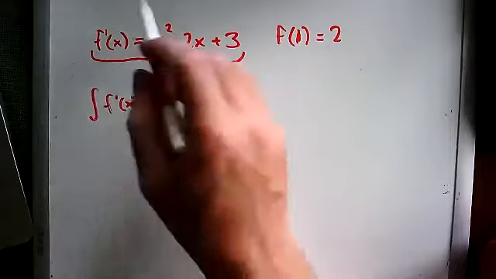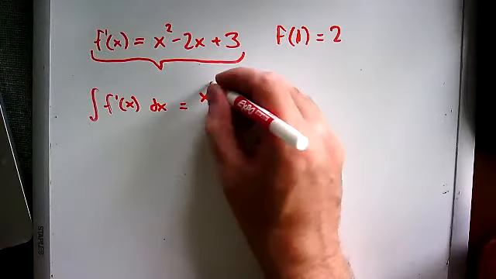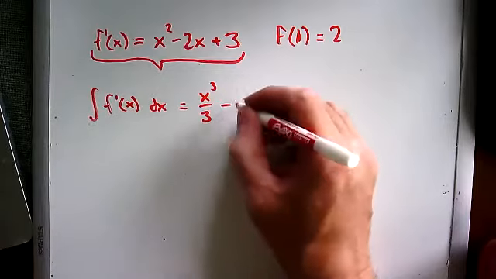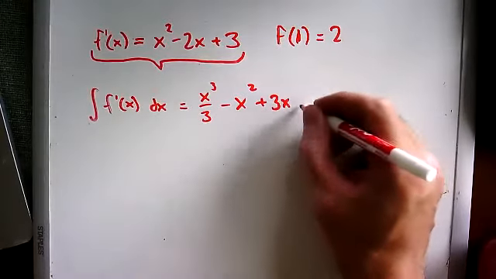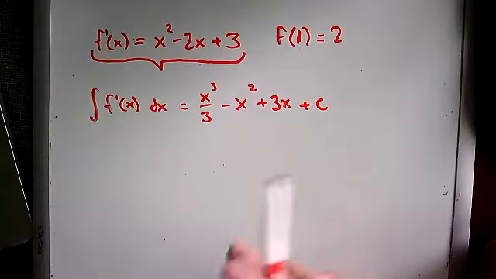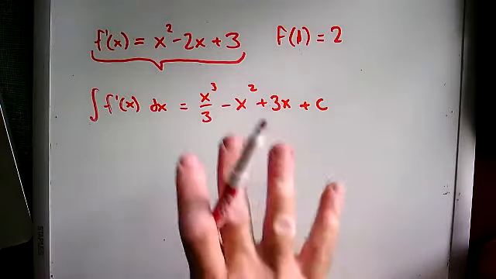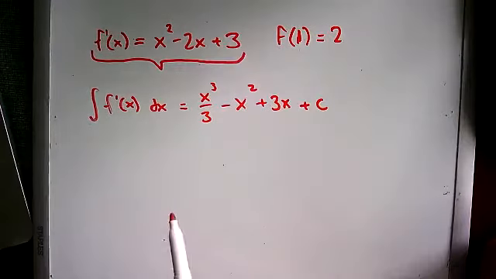We want to go from a derivative to the original function. And when we do that, here we have x cubed over 3 minus x squared plus 3x and plus c. Now this c is what makes this a family of functions. It's a whole bunch of cubic equations that are shifted up and down in the coordinate plane depending on what that value of c is.